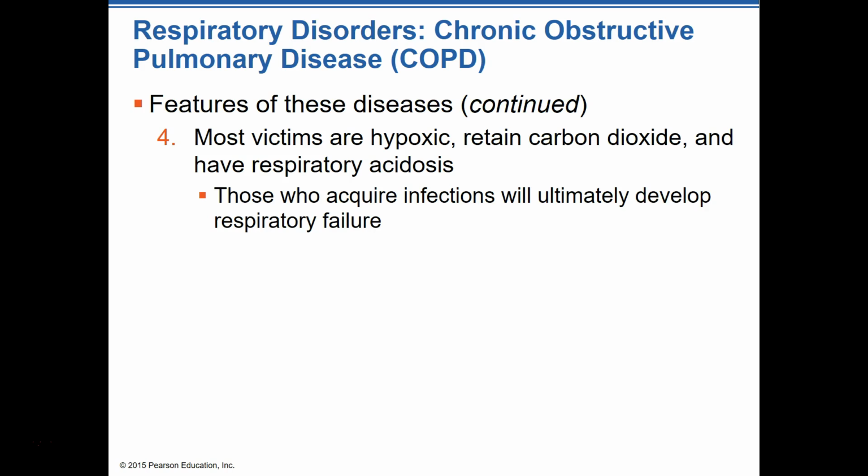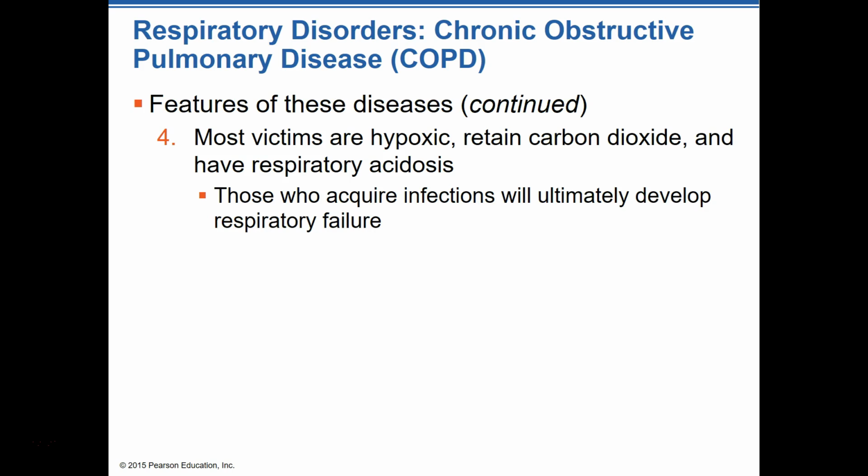Most victims are hypoxic and they hold on to carbon dioxide. This is an interesting feature of COPD: their retention of that carbon dioxide actually resets their carbon dioxide thermostat, meaning they're used to having abnormally high levels of CO2. When we give them a bunch of oxygen and we make them blow off a bunch of CO2, it may actually cause them to stop breathing altogether, and it won't kick back in like it normally would in the rest of us.